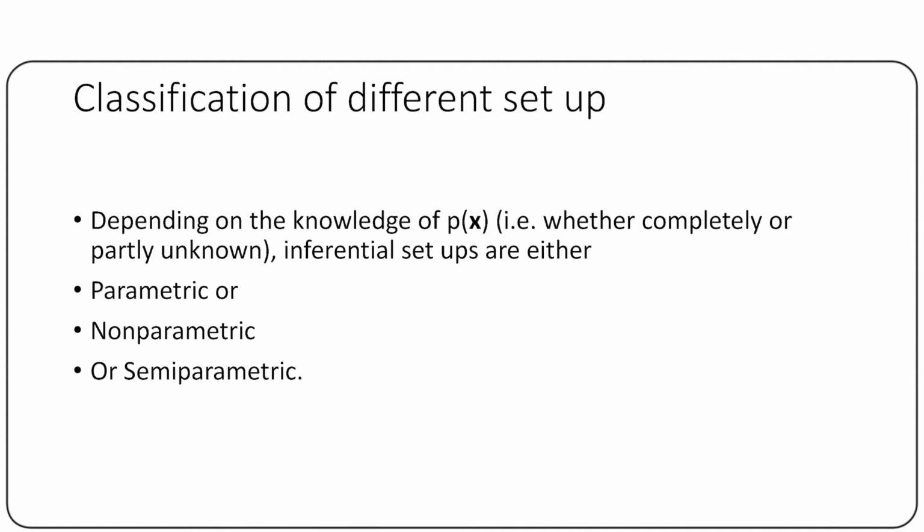Depending on the amount of knowledge of Px, inferential setups are either parametric or non-parametric or semi-parametric. So, the natural question is, how do we distinguish different inferential setups? We discuss one by one.